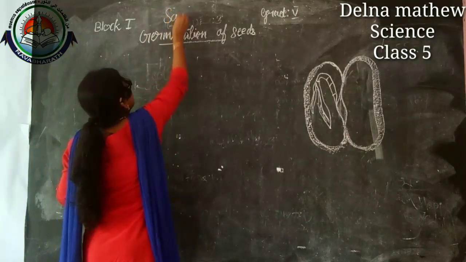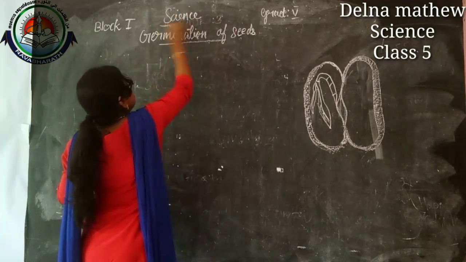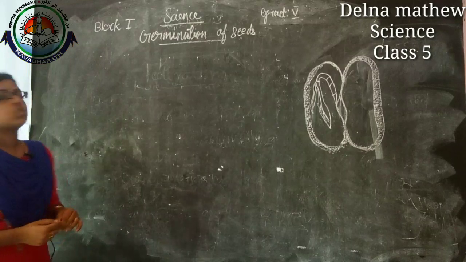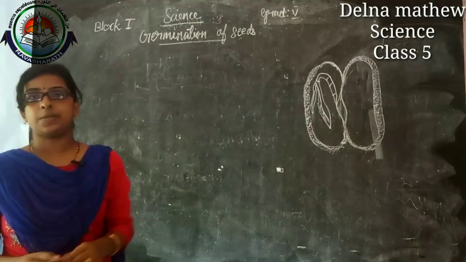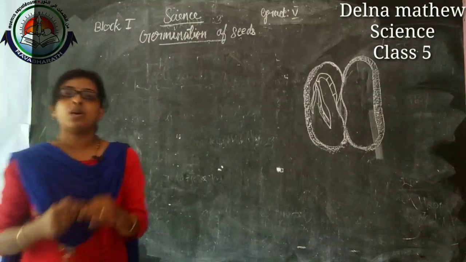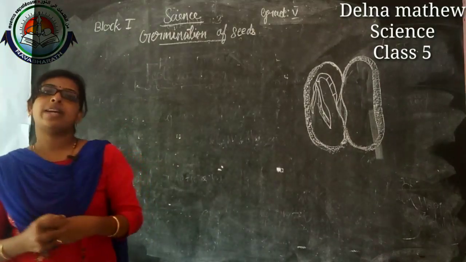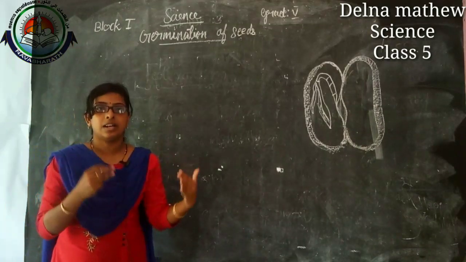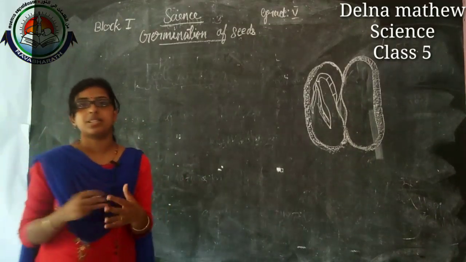Today we are going to discuss our first chapter, or first block, in science, that is germination of seed. Before starting our class, let me introduce myself. I am Delna Matthew, and this year we will discuss different chapters in science.